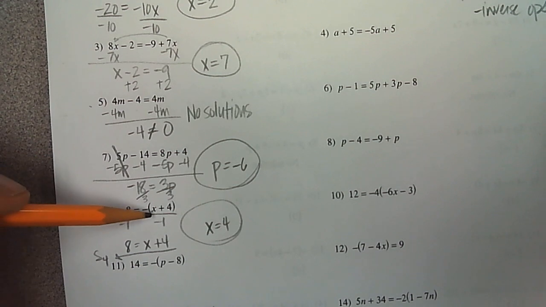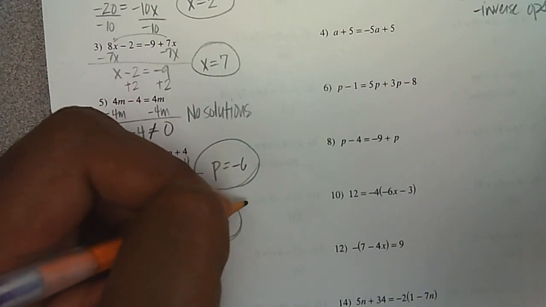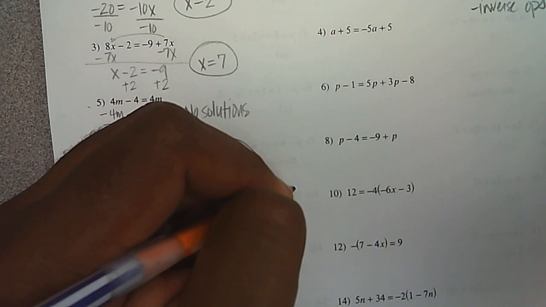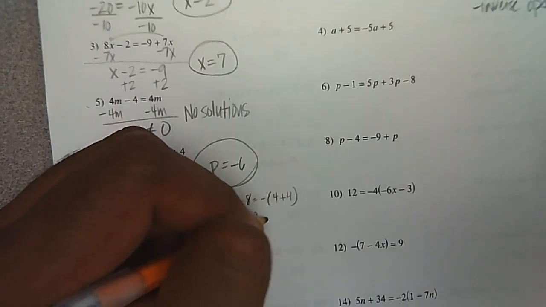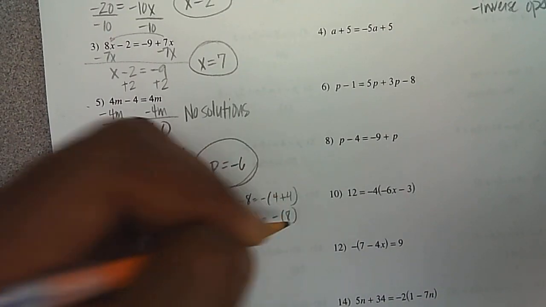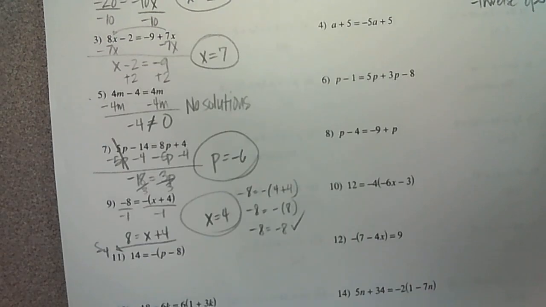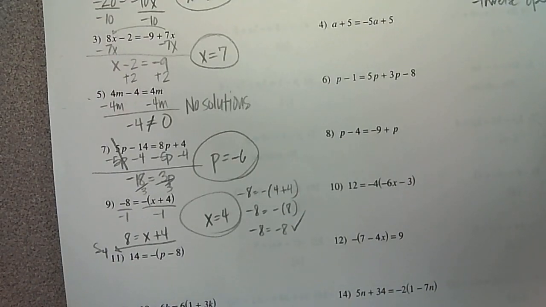And let's check that. 4 plus 4 would be 8, and that negative sitting on the outside of it. So that checks. So that's right.